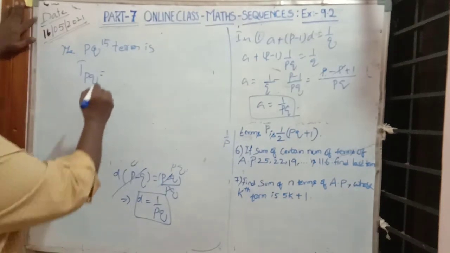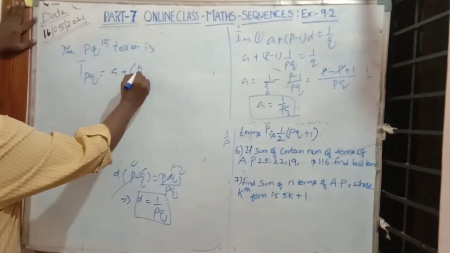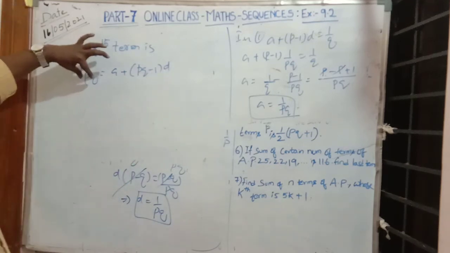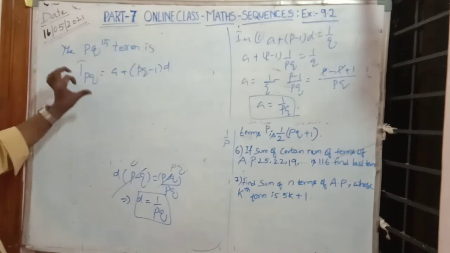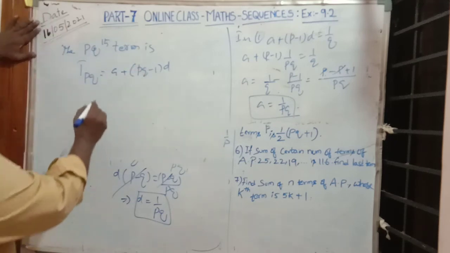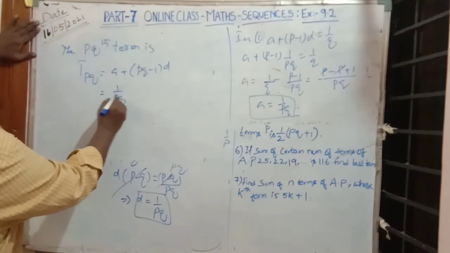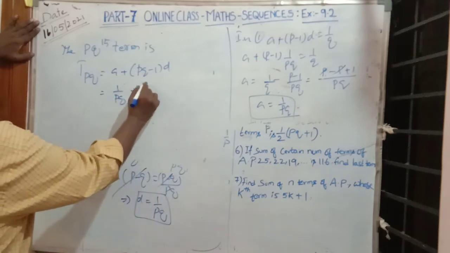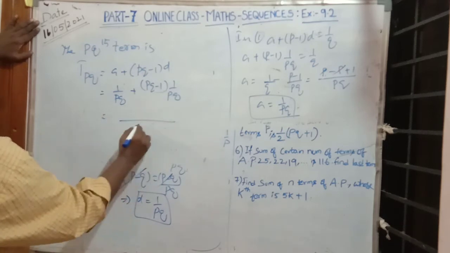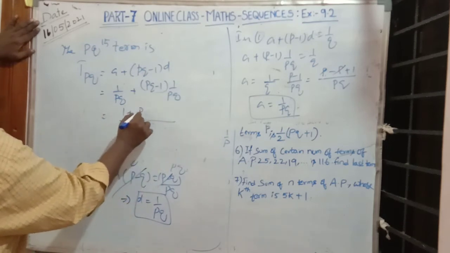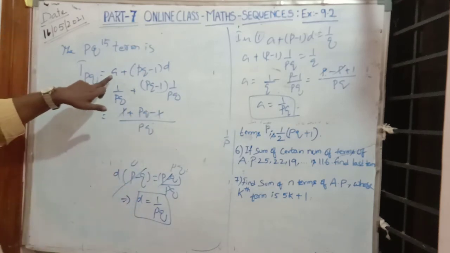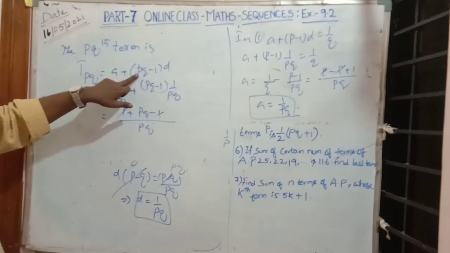The pqth term is A plus (pq minus 1) into D. Whatever it may be, it is a number, say 10: A plus (10 minus 1), like that. What is A? A is 1 by pq, and D is also 1 by pq. So pq is LCM, 1 plus (pq minus 1), so it cancels.